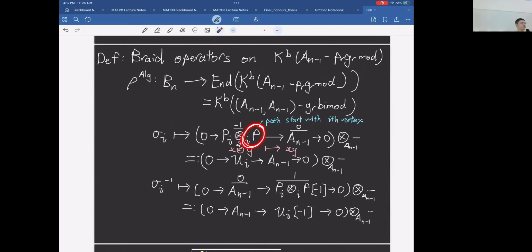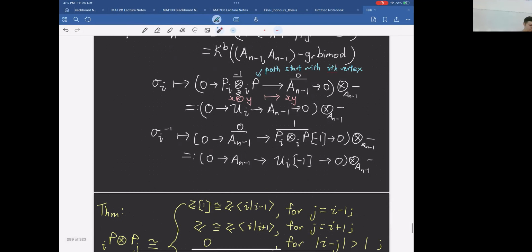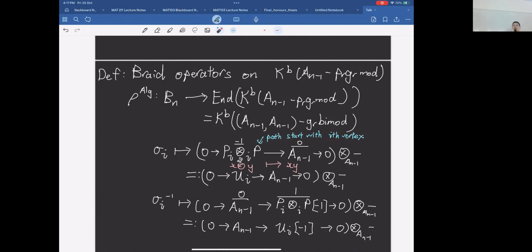Now we introduce a right module, iP. P_i is the path that ends with i, then iP will be the path that starts with i. This is the construction here. You should check that these actually satisfy the braid relations, or the braid moves.